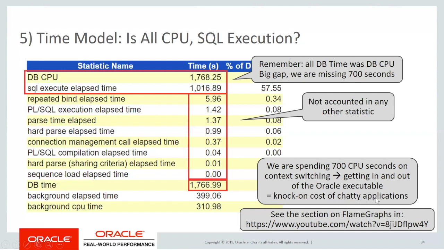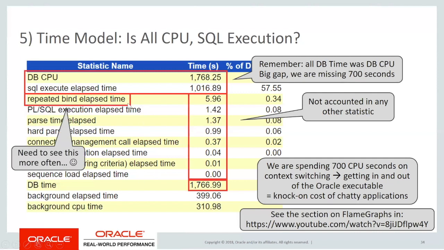It's the knock-on cost of chatty applications, row by row SQL statements that also take time traversing down into the Oracle kernel and traversing back up out of the Oracle kernel before they hit the SQL engine. And if you want to know more about that, there's a YouTube film on the internet. If you just Google for my name, you'll probably find it really quickly, where I explain this issue in detail. But that's very likely where these 700 missing CPU seconds originate from.